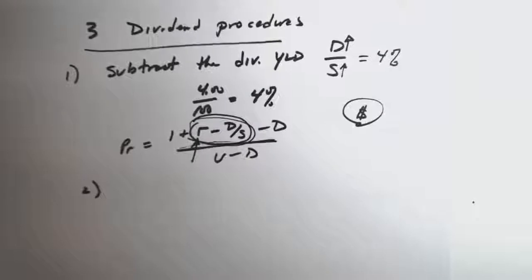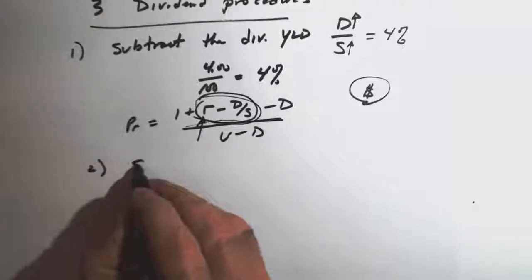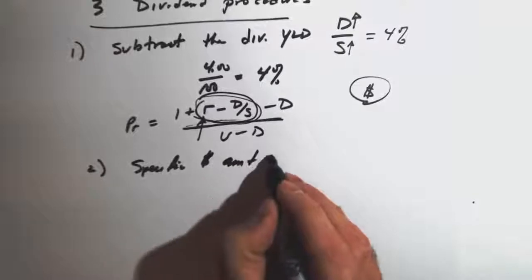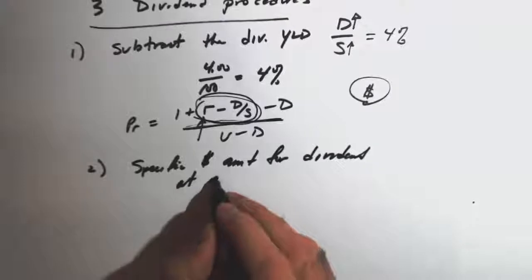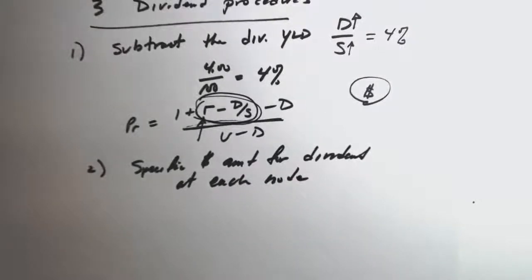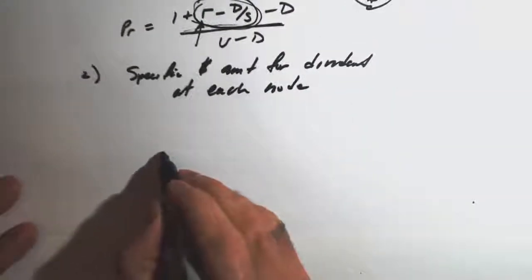The second method here is to assume a specific dollar amount for the dividend at each node. Now this is okay, but the problem is it leads to a non-recombining tree, and so when you start doing more than a couple of steps, it becomes a hassle, and you need to be aware of that.